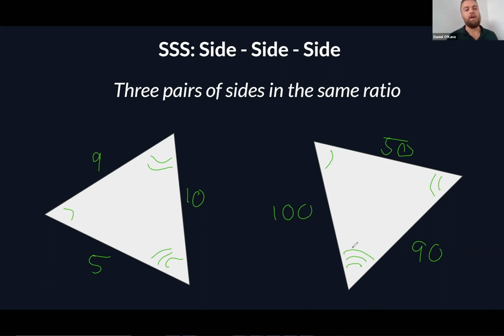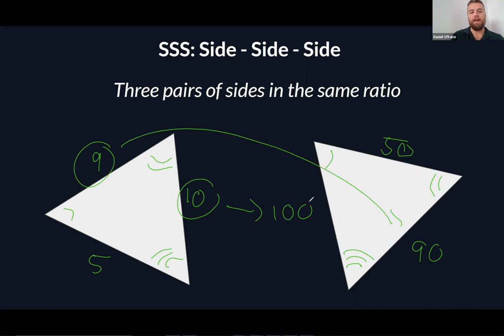But because I don't have what those angles are, you know though that they are going to be the same because those three pairs of sides are in the same ratio. So the 10 multiplies by 10 to make 100 in this case, the 9 multiplies by 10 to make 90, and the 5 multiplies by 10 to make 50, okay? So we've already looked at an example of this today, of this side ratio.